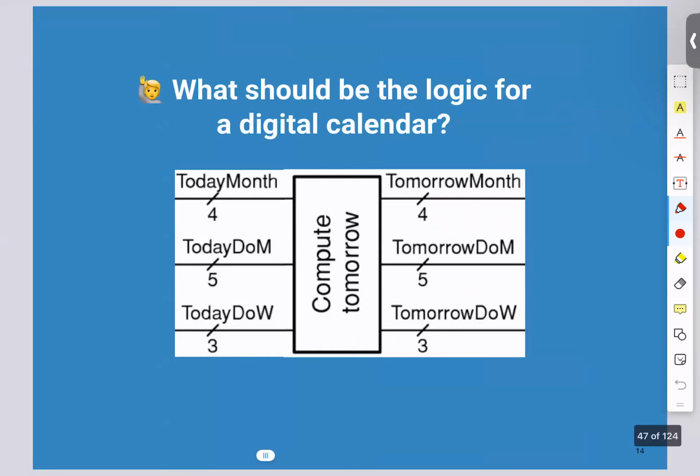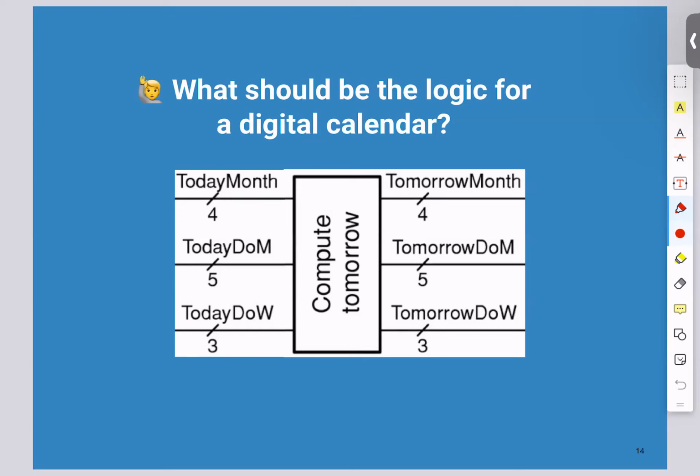So the idea now is, let's imagine we are designing logic for a calendar. I have as input today's month, today's day of month, and today's day of week, being displayed on some sort of display.